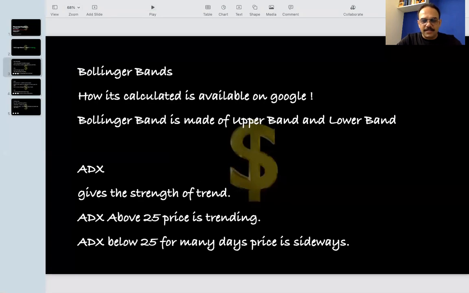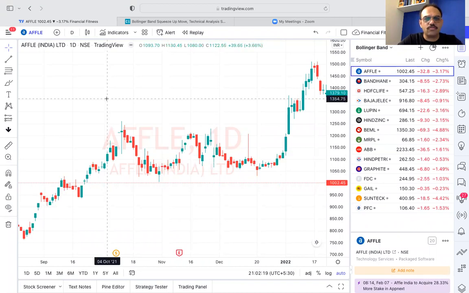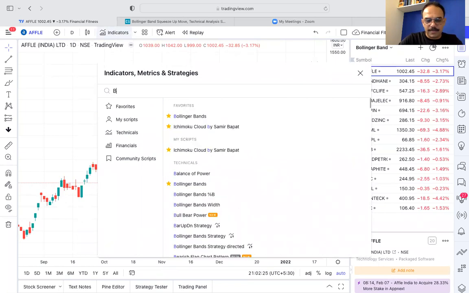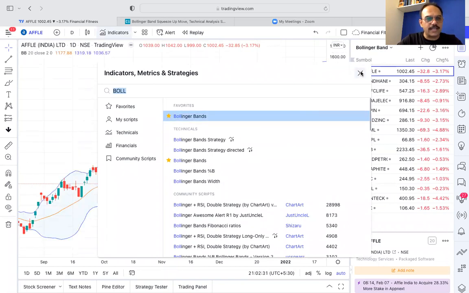Let me just take you to the chart directly. Let's put both the indicators one by one on the chart. So we have this chart of FLA, and let's put Bollinger Bands. We put it as it is; we don't change anything in this.